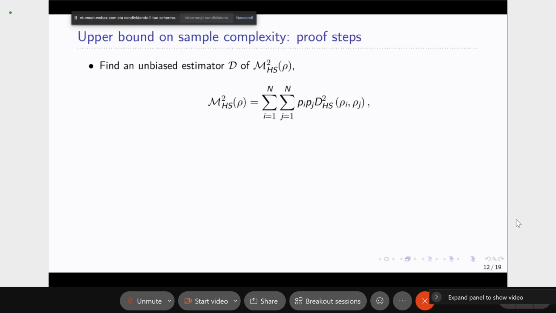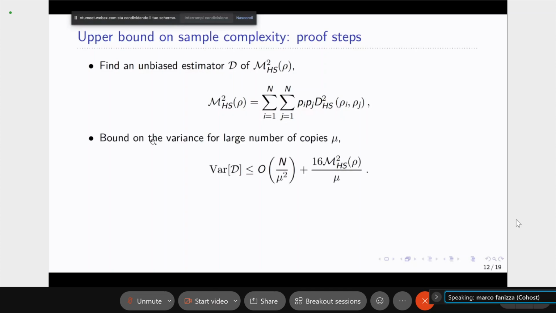Okay, now I'm ready to go to our original results. And let me start by summarizing the proof steps for the upper bound. So first we look for an unbiased estimator of this quantity, the mean squared Hilbert-Schmidt distance between the states of the collection.